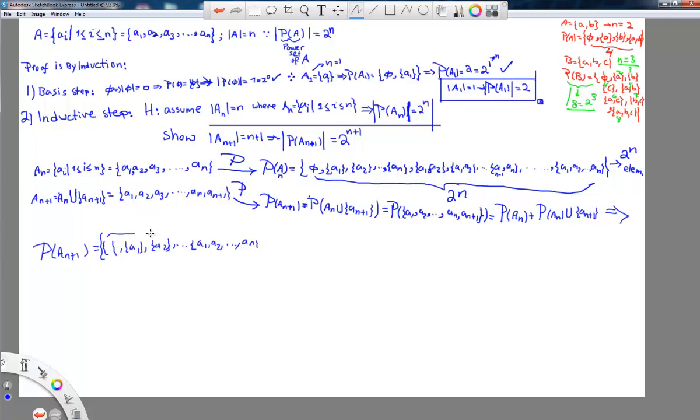So it's going to be all these 2 to the n plus the additional element added to all of these. So then it's going to be A sub n+1, comma, and then add A sub n+1 to this first element.